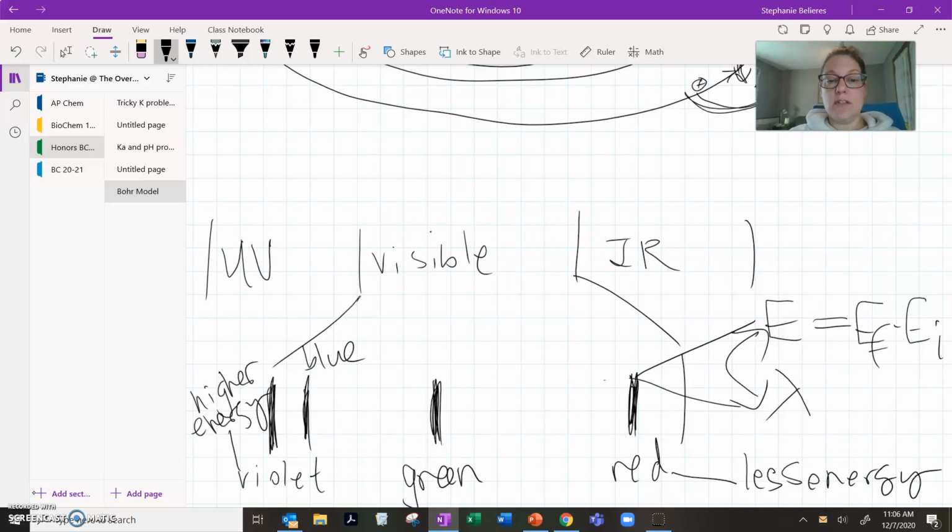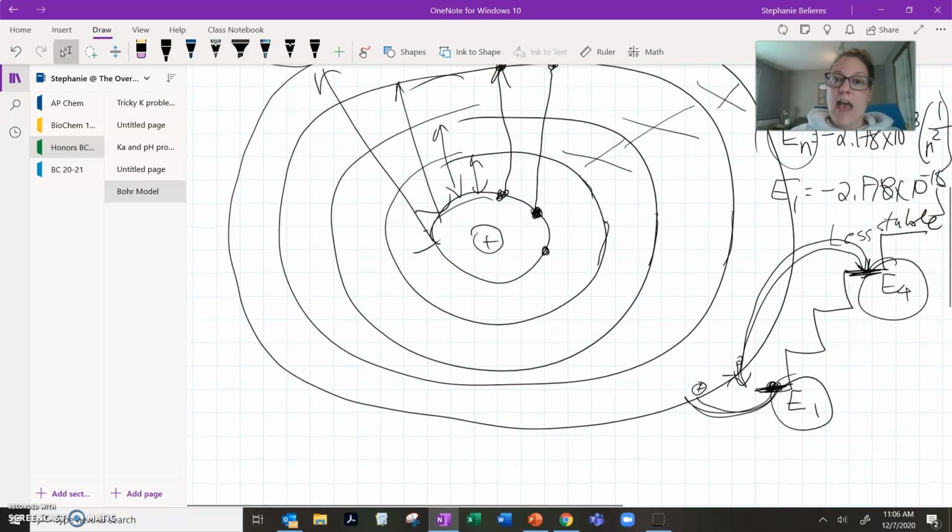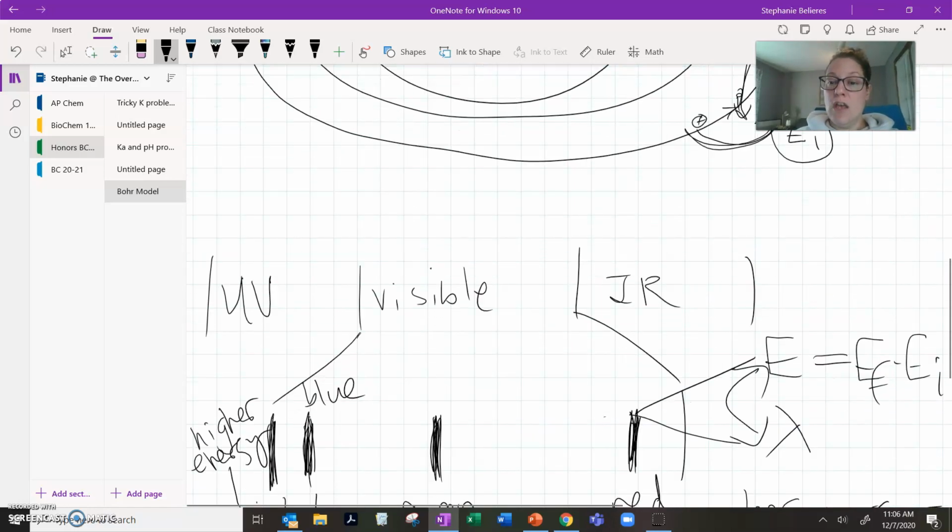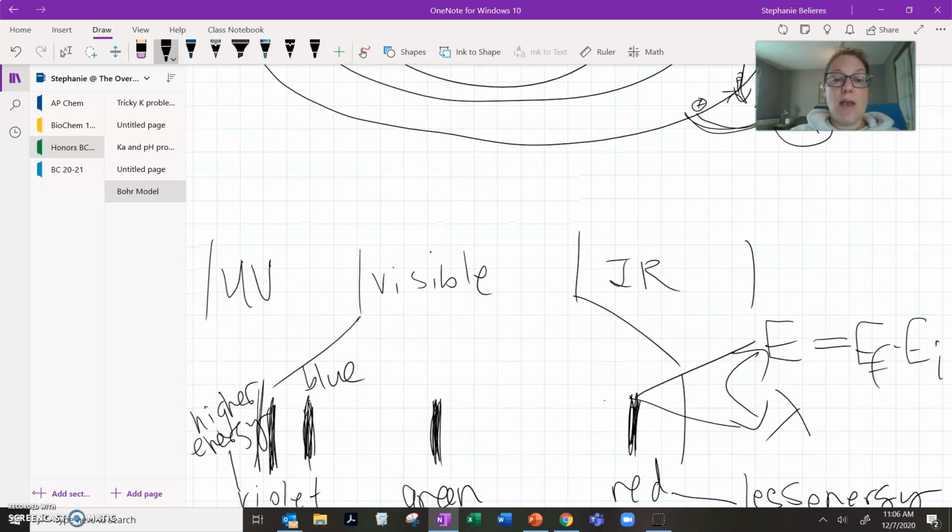So each one of these specific bands of light represent a specific transition. That transition gives a different value of energy that is absorbed or emitted in order to make that transition. And then if it falls in the amount of energy that our eyes can perceive, then we see that light emitted as a color.